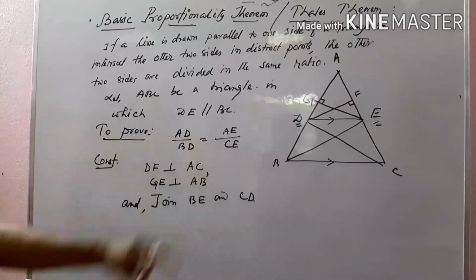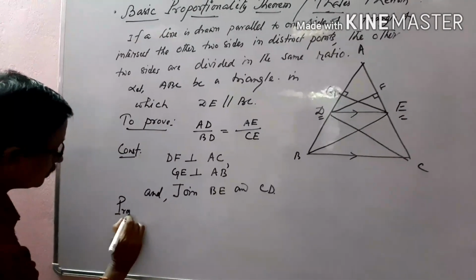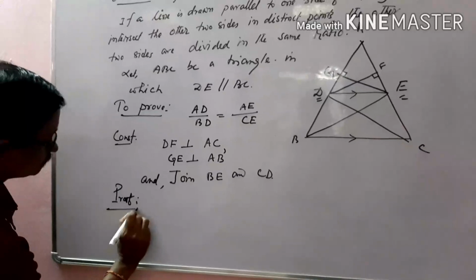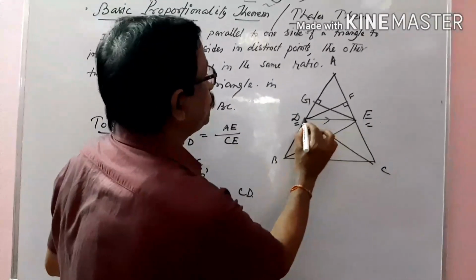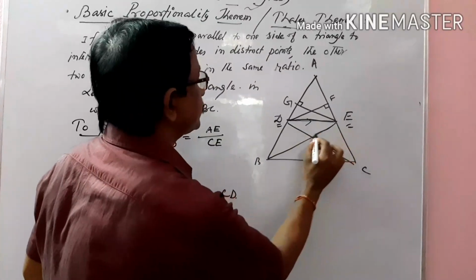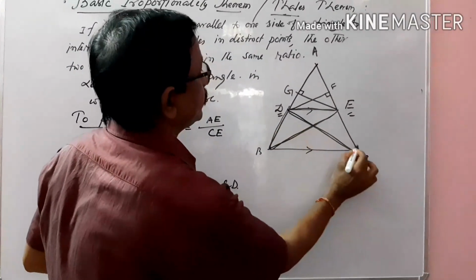Now comes the proof part. How do you prove? Very simple. First you see, if you take these two triangles, one is this triangle, is it clear? Another triangle is this one.